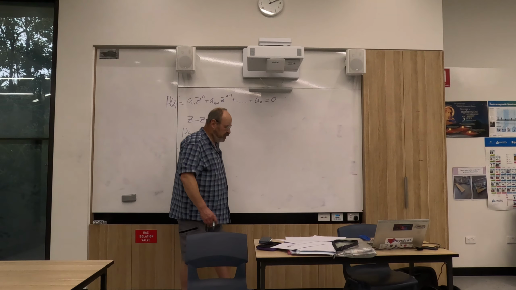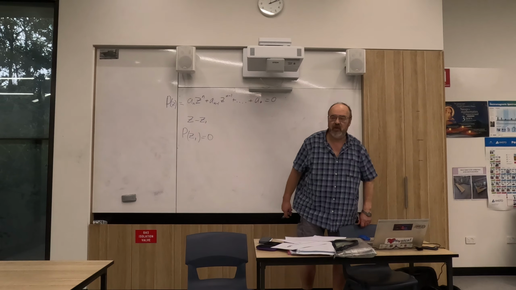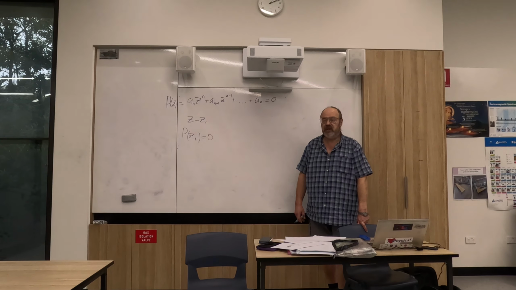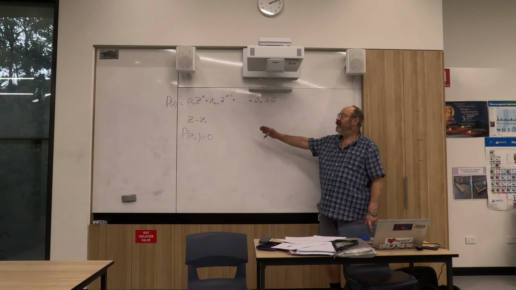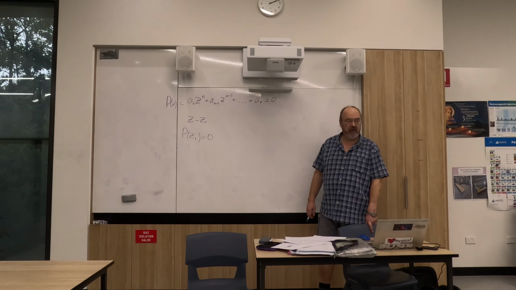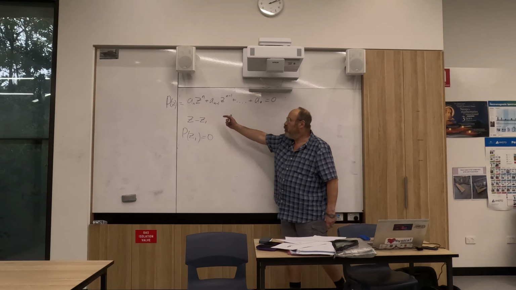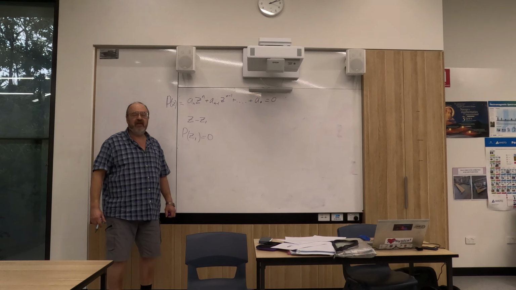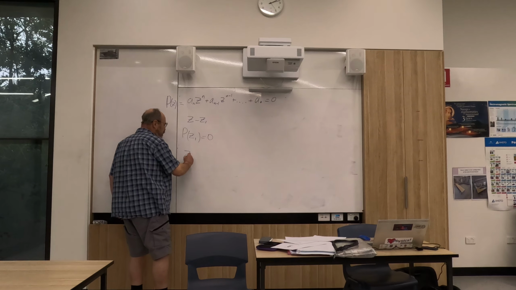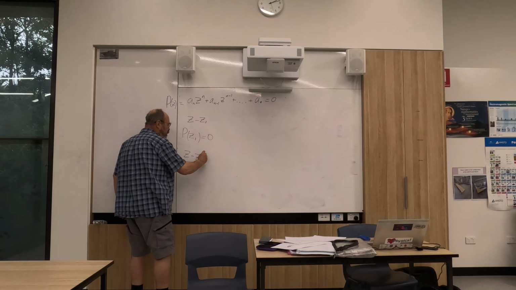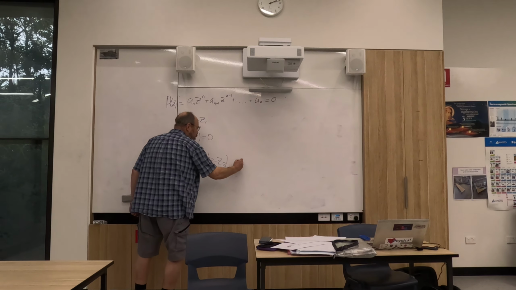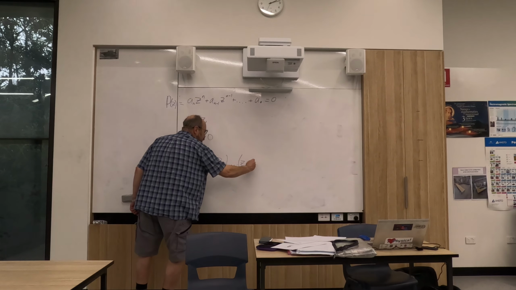Second is the so-called fundamental theorem of algebra, which tells us that if we have a polynomial equation of order n, it can be factorized into n linear factors: z minus z1 times z minus z2 times ... times z minus zn.